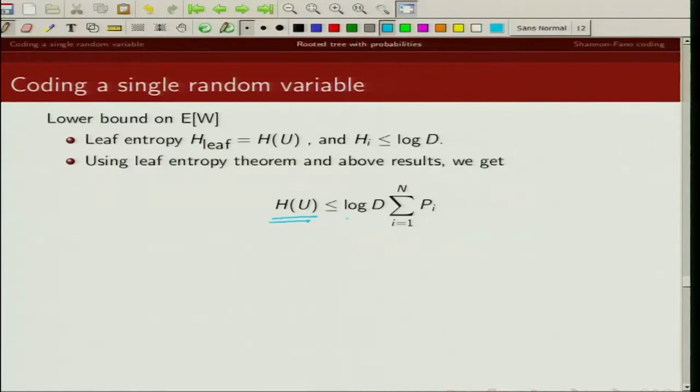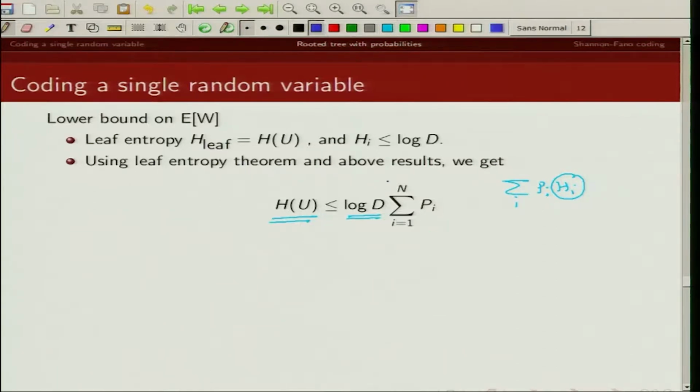And branching entropy we upper bound by log of D. So because we are upper bounding this by log D, we can take it out. What is left is summation of Pi over all the nodes including the root node.